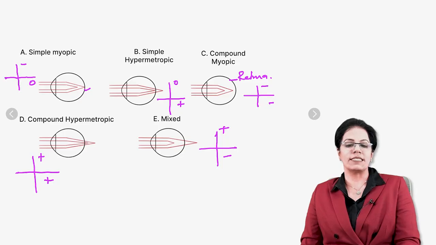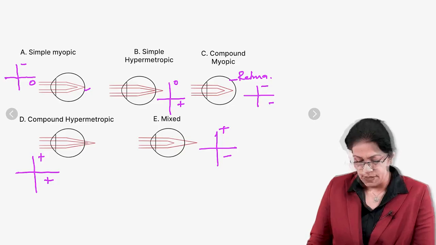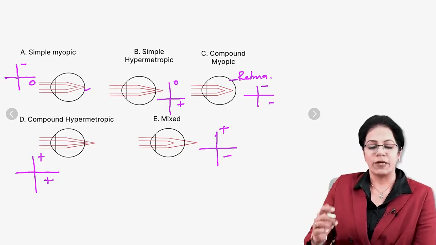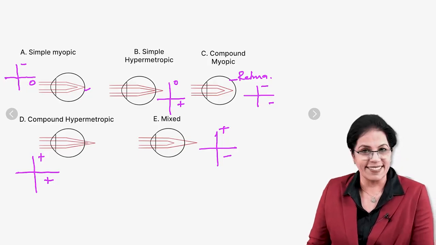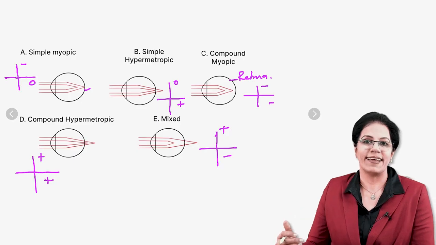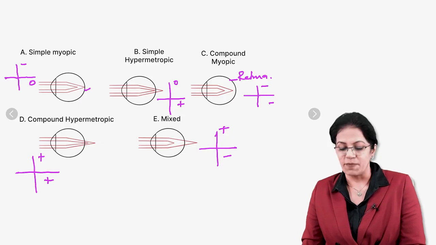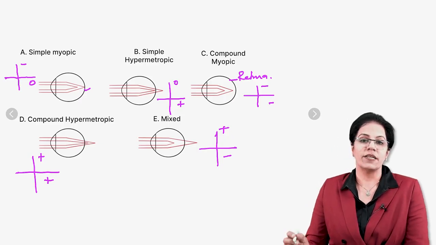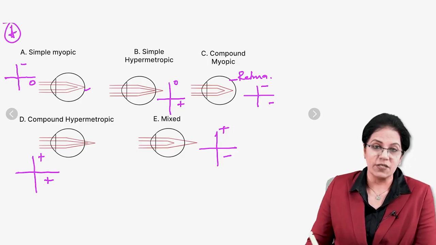We are writing either up and down because here it is not specified which one is the horizontal and vertical axis. That is the reason we are depicting it this way. Otherwise, if we know which one is which, we can mark accordingly. This is one way of classifying astigmatism, and there are 4 ways. This was one way. Let's come to the next way.